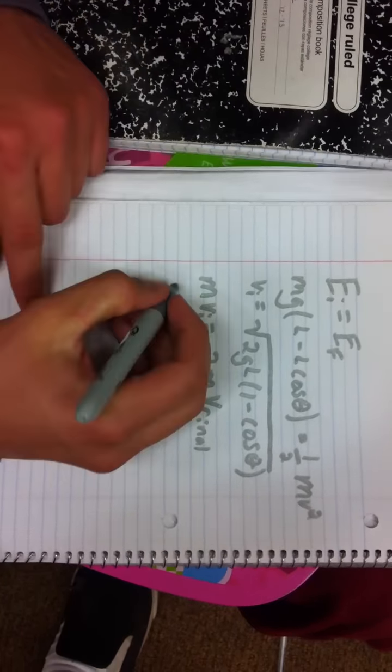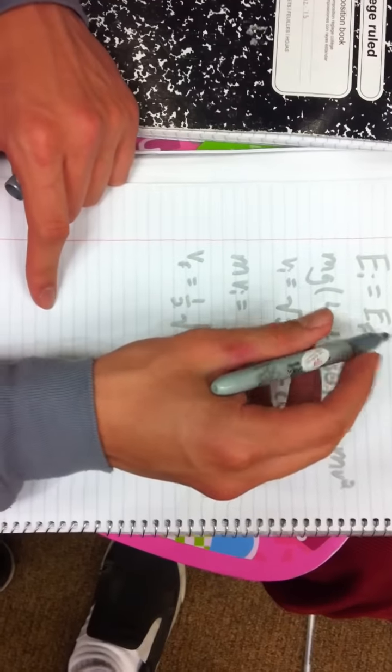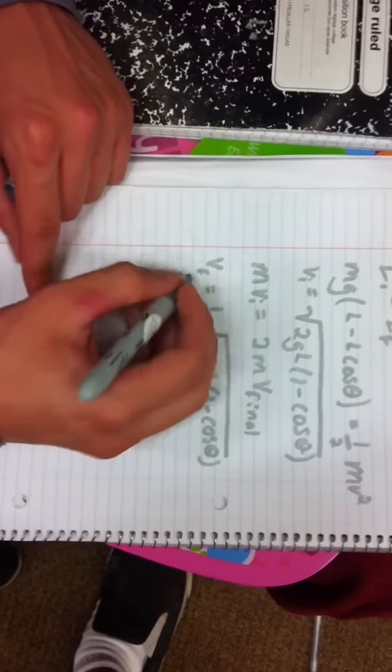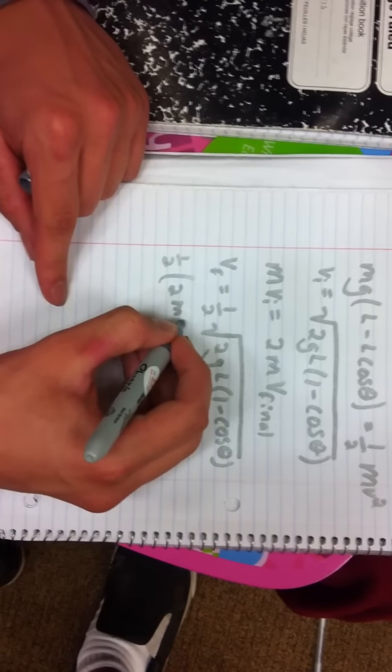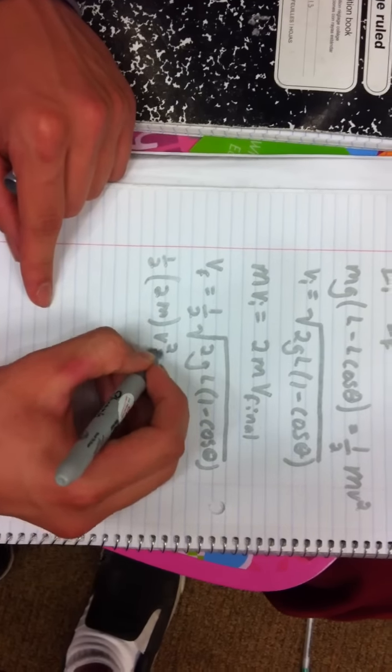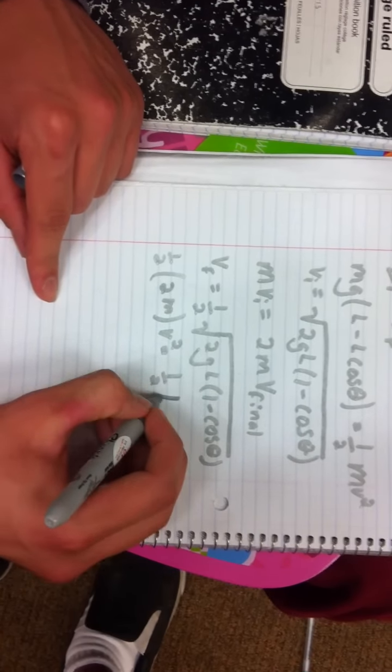And then we're going to use energy to determine the maximum compression. So, going back to our E initial, E final, we've got 1/2 times 2m v squared equals 1/2 k A squared.